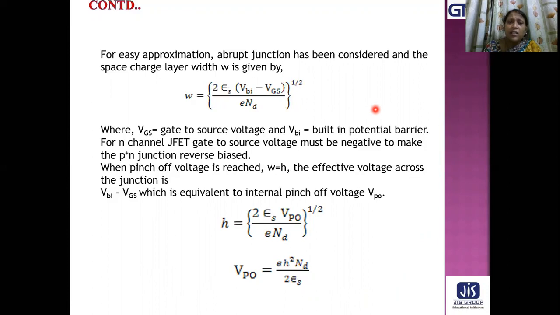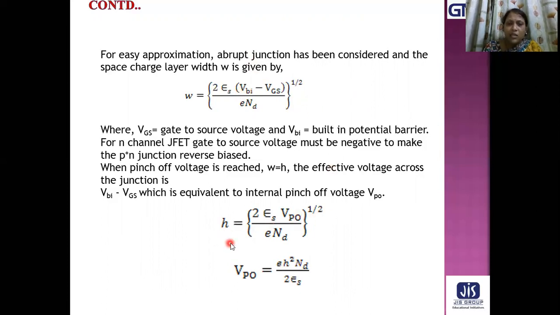For an N-channel JFET, the gate to source voltage must be negative to make the P plus N junction reverse biased. When pinch-off voltage is reached, that is when W equals H, the effective voltage across the junction is VBI minus VGS, which is equivalent to the internal pinch-off voltage VPO. So VBI minus VGS in this equation can be replaced by VPO.